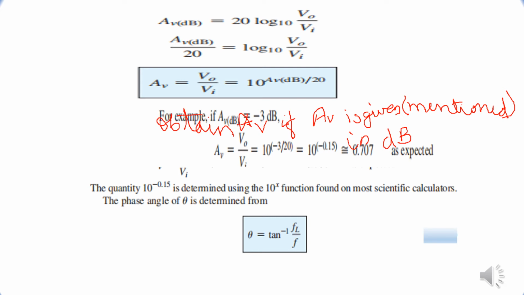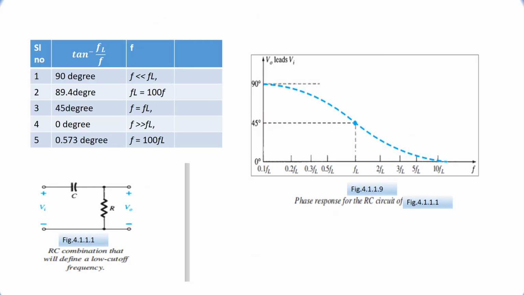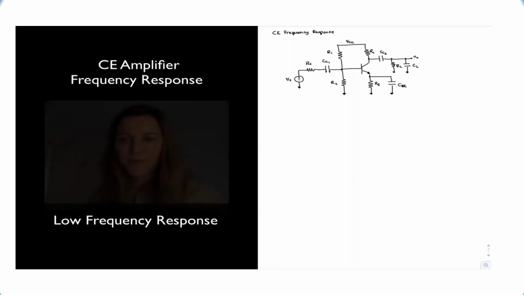Fine, this conversion is very important in numericals, if you are given a dB value and you have to express it in numerical. So theta is equal to tan inverse of FL by F. Here it is plotted in a similar manner. So the phase angle is reducing.